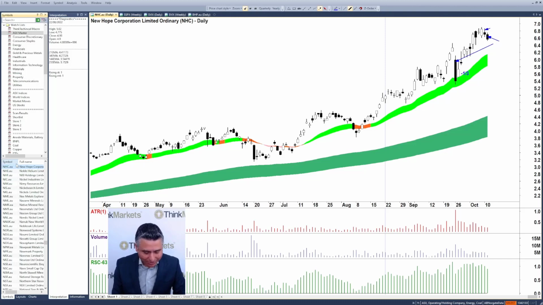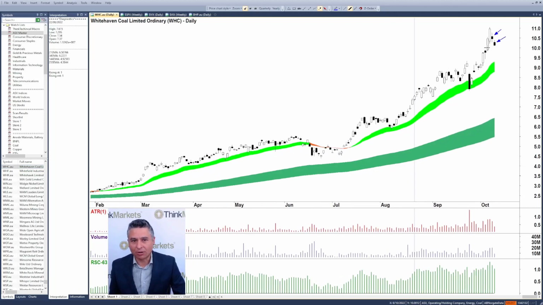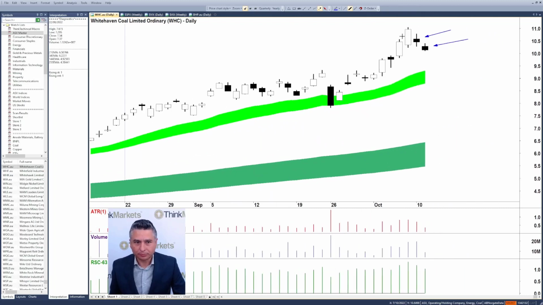Let's look at the rest of the cohort, and I'll probably head off a bunch of questions that are coming down the list. Whitehaven Coal is, yeah, look, I think I'm still in the same camp. I mean, these are not great candles, but I don't think they're so sinister that we need to do a whole lot about them. It's not great when you do have a demand candle like this.